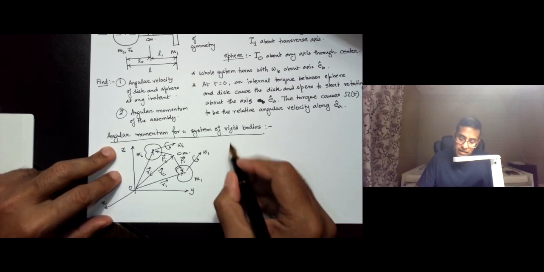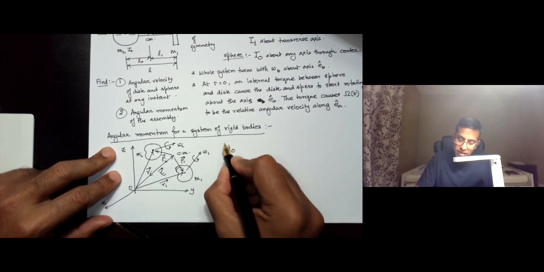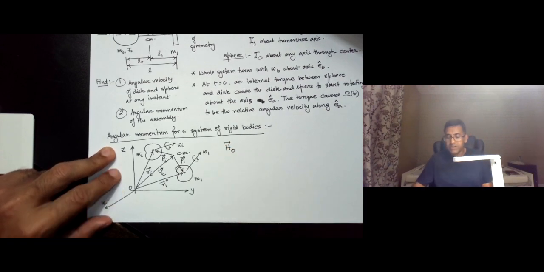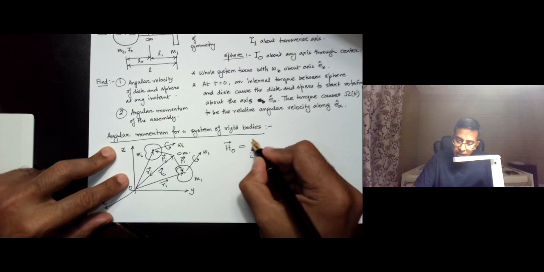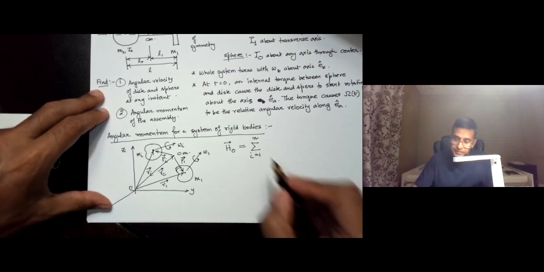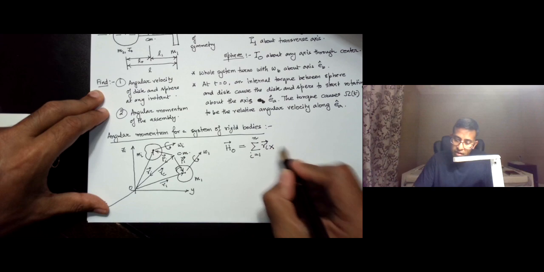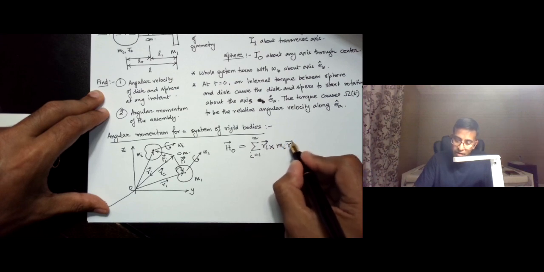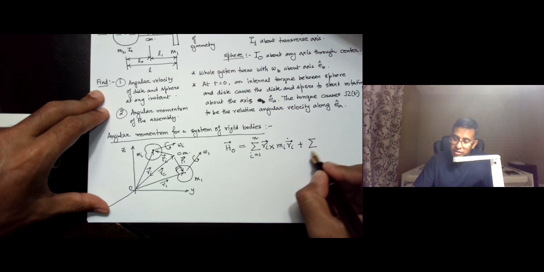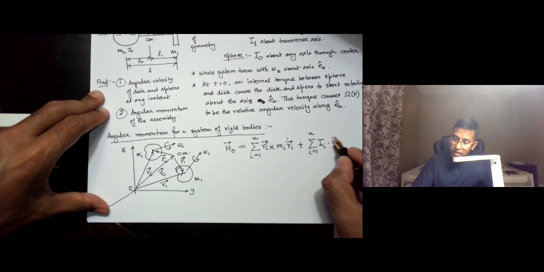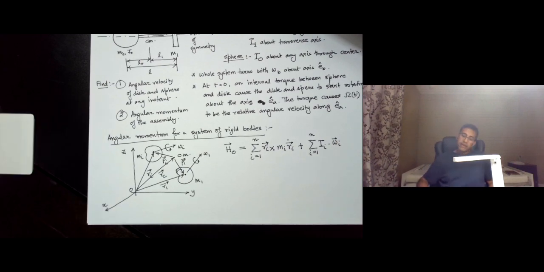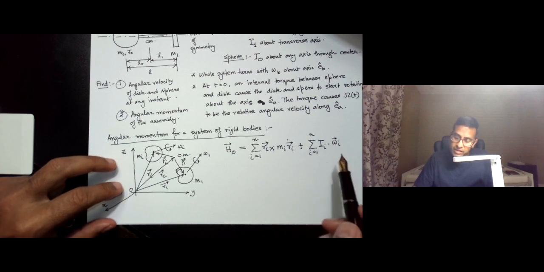So the idea is that the angular momentum of this assembly about this fixed point O is formulated as summation I equals 1 to n, so let's say there are n rigid bodies, Ri cross mi Ri dot plus summation I equals 1 to n I sub I dot omega I. So this is essentially saying that the net angular momentum of this assembly of rigid bodies consists of two terms.